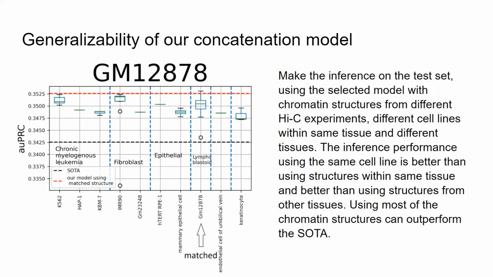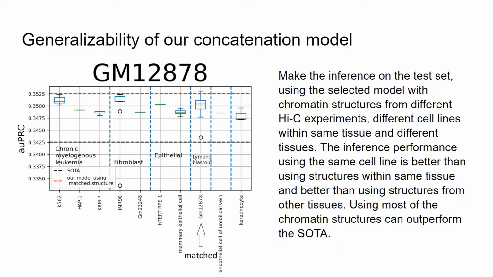The black dashed line is the performance of the SOTA. The vertical dashed lines show multiple clusters of the cell lines, either from the same tissue or with similar disease. We can see that most of them can beat the SOTA's performance, and the best performance is achieved by using the chromatin structure from the same cell line as used in the training.